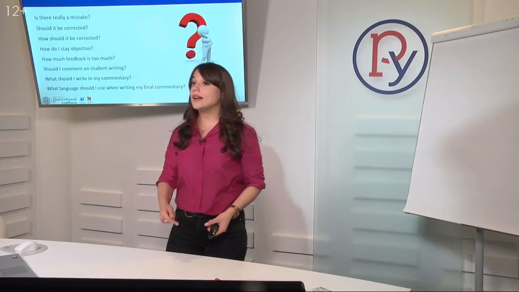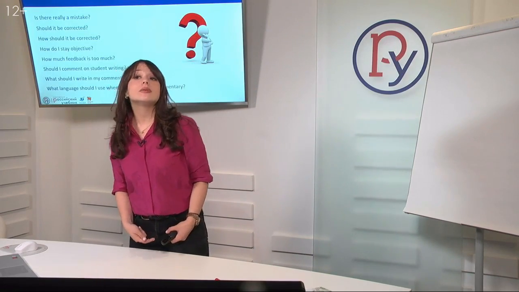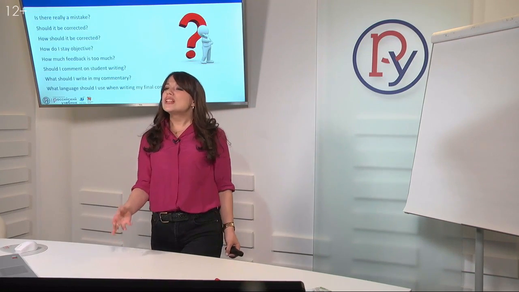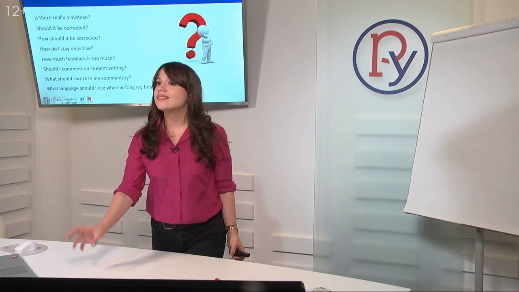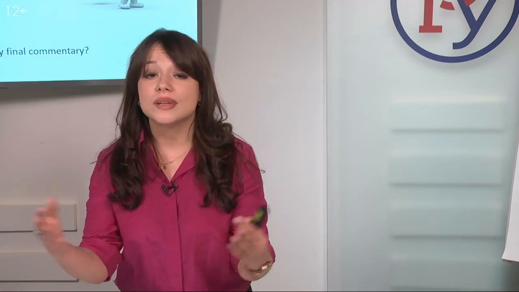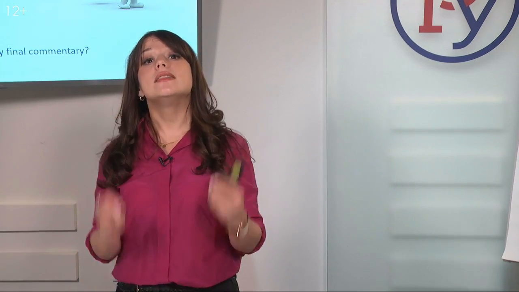Sometimes we do find a mistake, but again, being governed by the principle of being selective, we should think, is it really so important to correct this one right now, right? Maybe if there are a lot of mistakes of other types which are more crucial to be corrected in this very piece of writing, you might maybe leave it out, right?